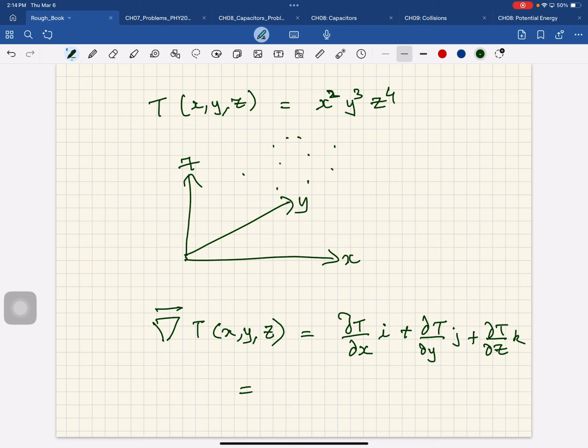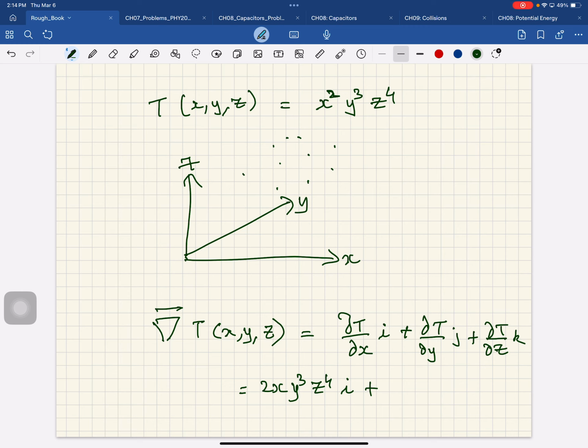When you're calculating delta t by delta x, you treat the other variables as constant. So what is delta t by delta x? Help me out. 2x times y cubed times z to the fourth. Keep going.